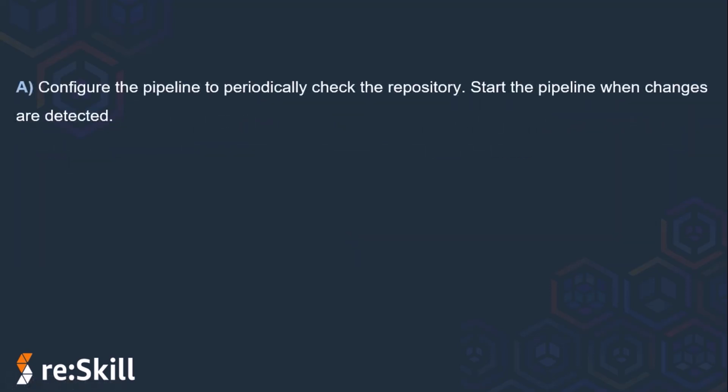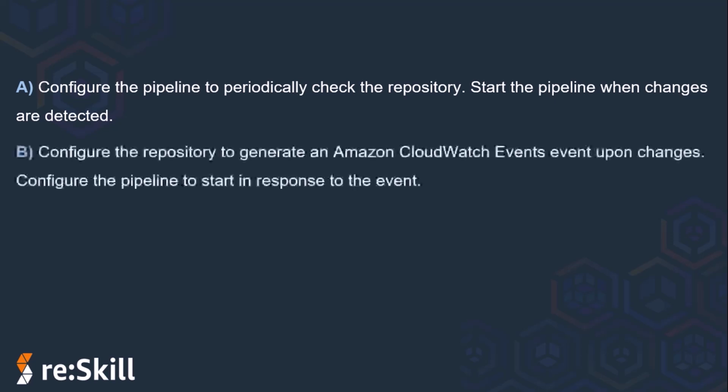We have: configure the pipeline to periodically check the repository and start the pipeline when the changes are detected. Okay, we will look into other options as well before thinking about this. Configure the repository to generate an Amazon CloudWatch event upon the changes, and configure the pipeline to start in response to the event. Okay, seems somewhat correct, but we will have a look at other options as well.